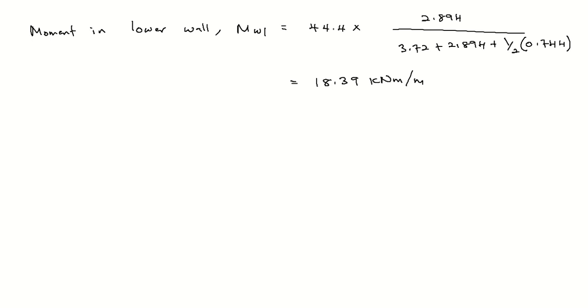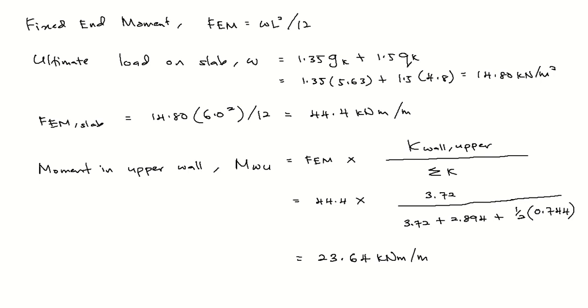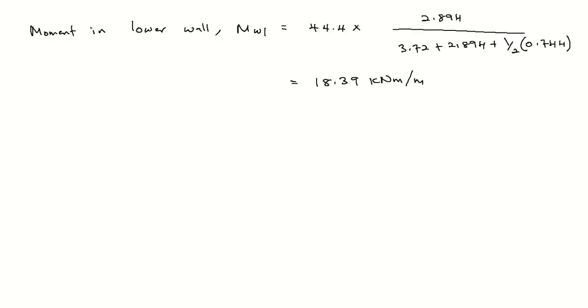Alright, so what does this 23.64 and 18.39 mean? We are considering level 1 just now, right?